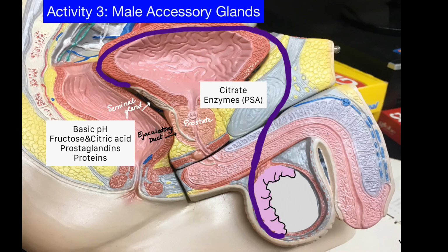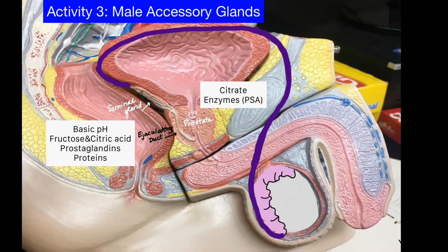Once this is all inside the vagina, we don't want a big clump anymore, right? We want our sperm to be free to find the egg. So the PSA actually breaks down clotted semen, freeing the sperm and allowing them to hopefully be more effective in locating the egg.